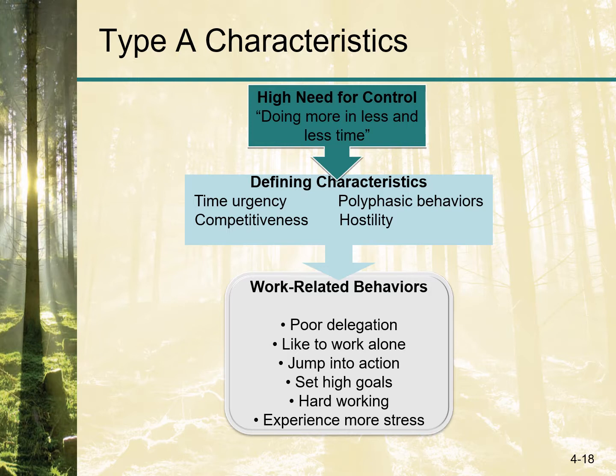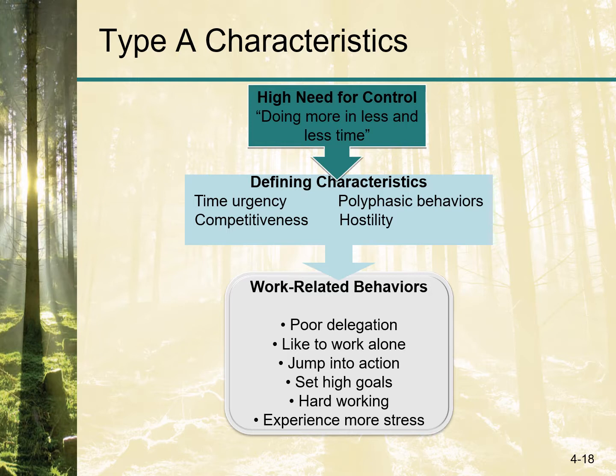And I'm not passing judgment. I'm just kind of telling you how the research psychologists have classified people according to their need for control. So if you need a lot of control, typically an excessive amount of control, then you tend to be a type A kind of a person.